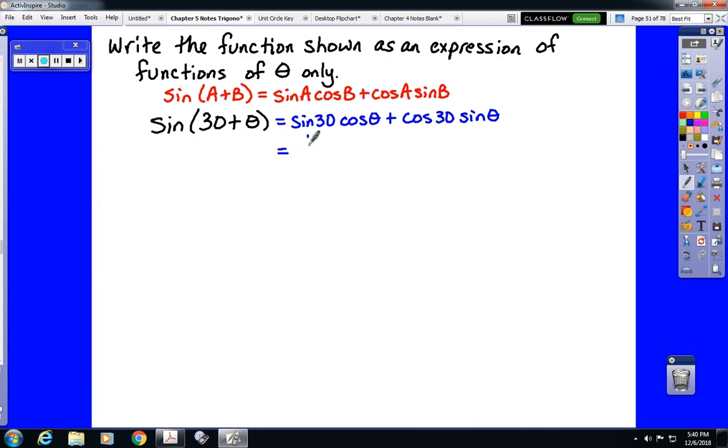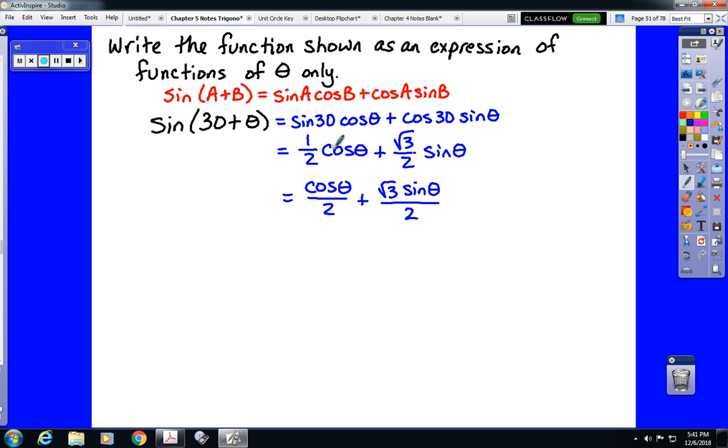The sine of 30 is 1/2. So we have 1/2 times the cosine of theta. And the cosine of 30 is root 3 over 2, which is times sine theta. Now we can't do a lot with that. Now one thing to notice is that this is actually a fraction plus a fraction, because even though we're multiplying 1/2 times cosine, that multiplication would cause that to be on top.